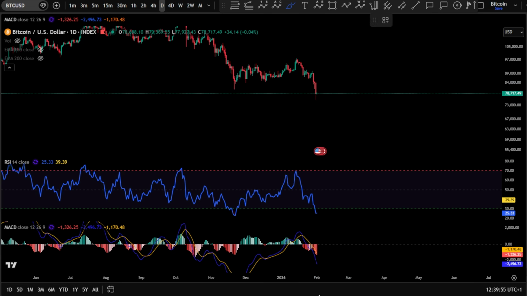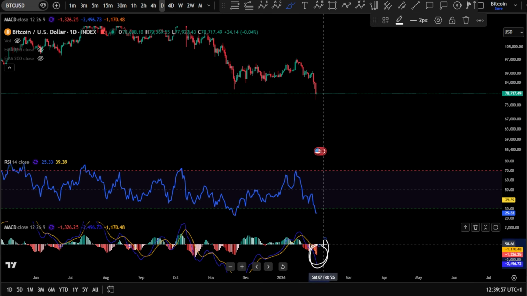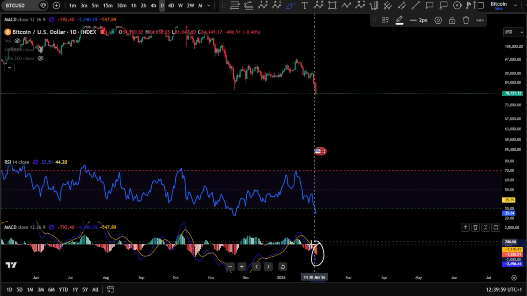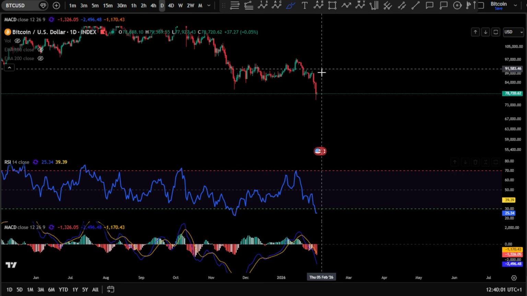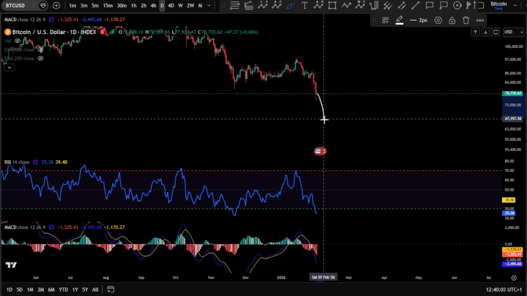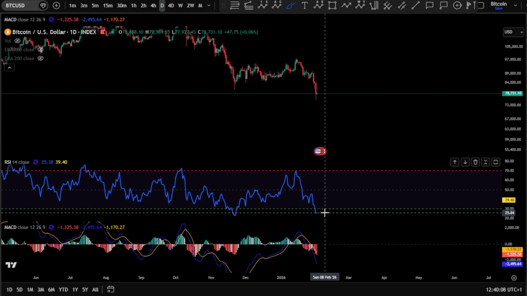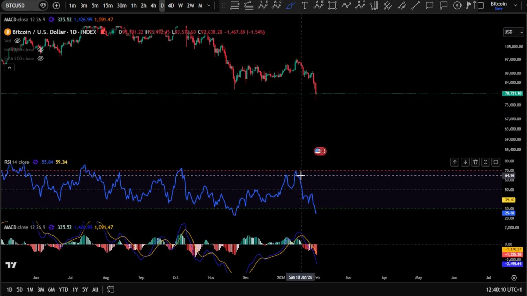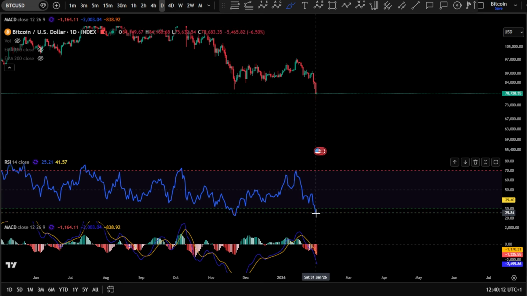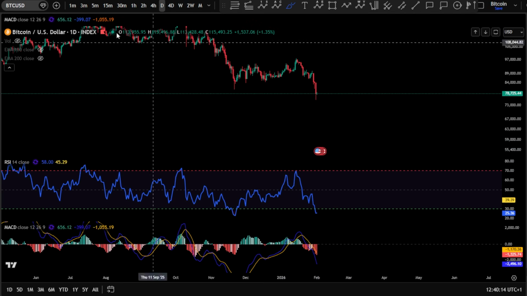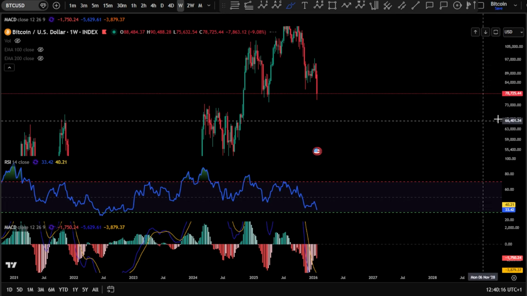However, the momentum on the MACD is very, very high for the bears, and the signal and the MACD line are still very open. So it doesn't mean that you cannot dive deeper. Even if the RSI is still in the oversold area, it can dive deeper as well. So be careful with it.